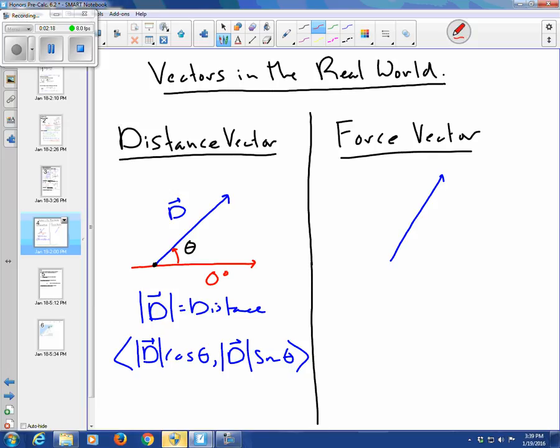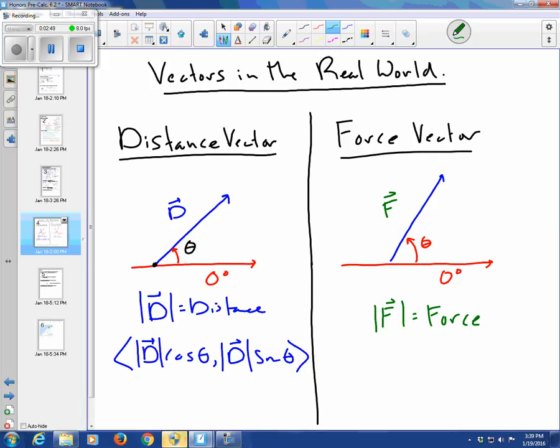We can say similarly that direction is going to be some amount of rotation, theta, from a direction we consider to be 0 degrees, right? But for our force vector, we would consider magnitude to be some amount of force applied in that direction. So the magnitude of a force vector is going to be a force applied in a direction, right?